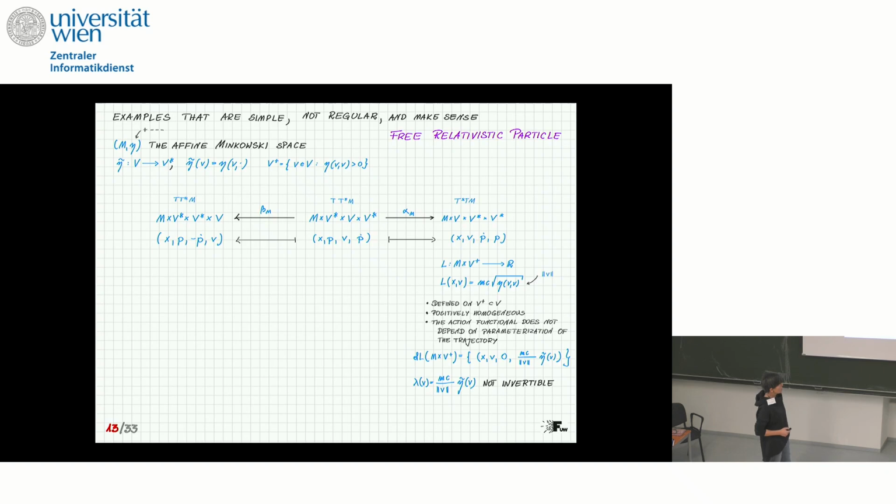Here is the Lagrangian. This is up to constants that we can choose to be 1 or forget. There is just the Minkowski length of this vector. Why is it a good choice?